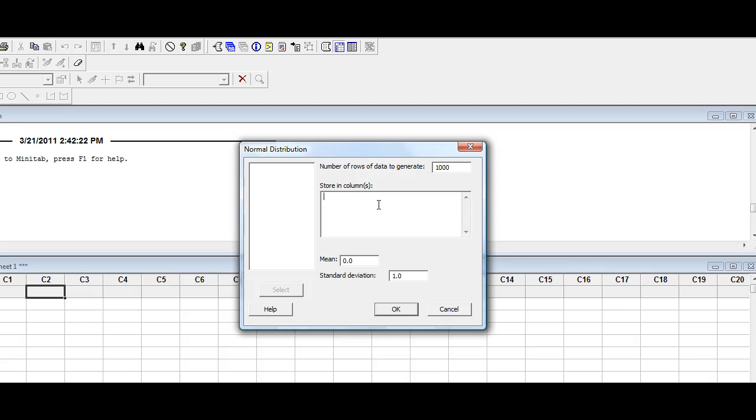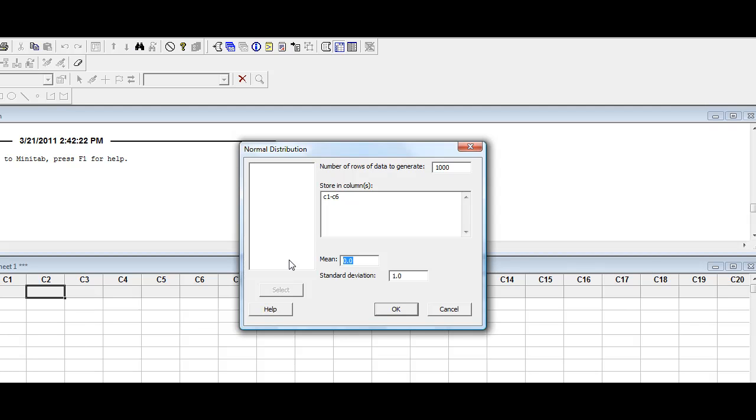Everybody good? Makes sense? And I am going to take samples of size 6, okay?